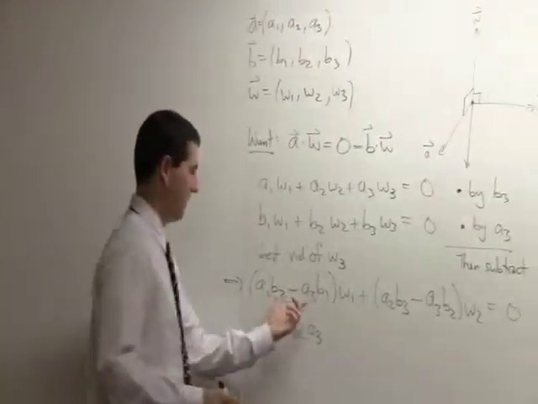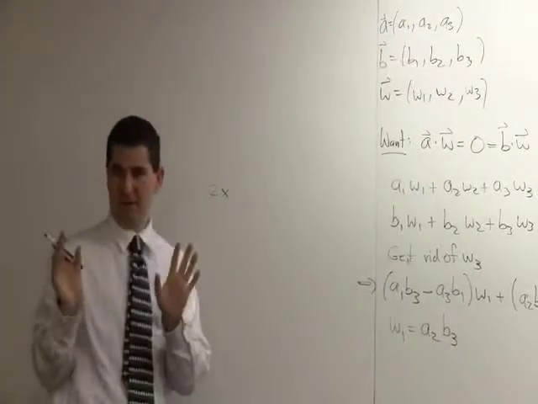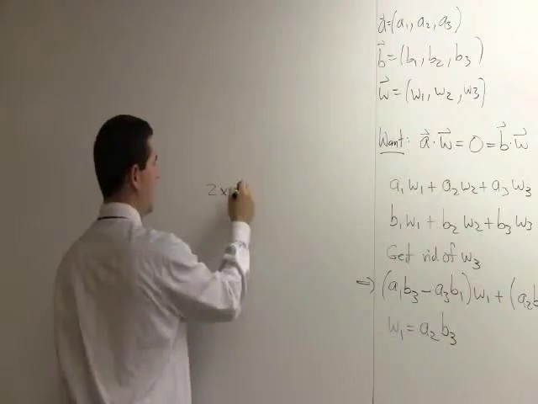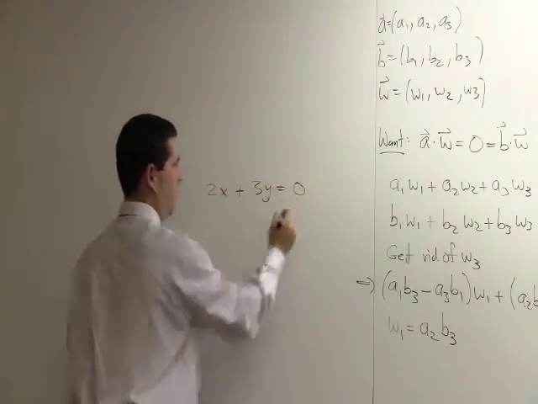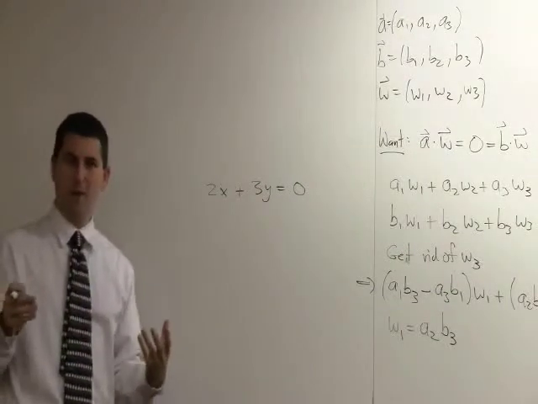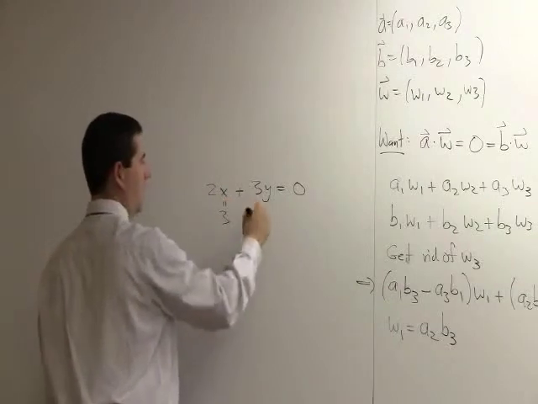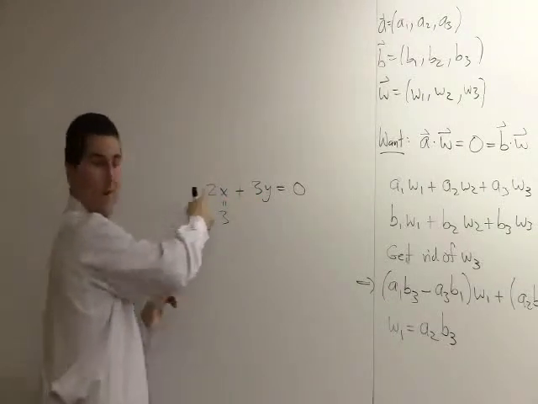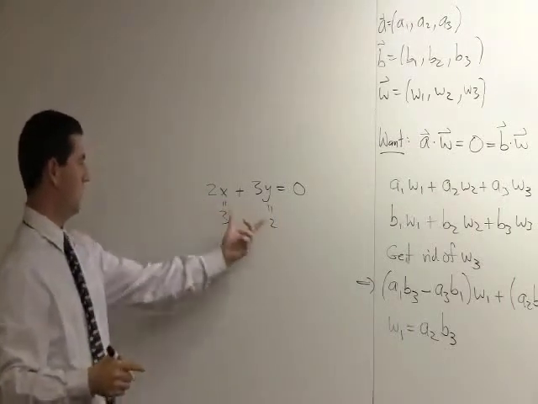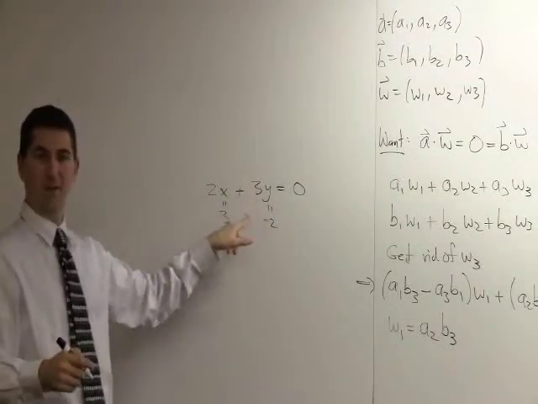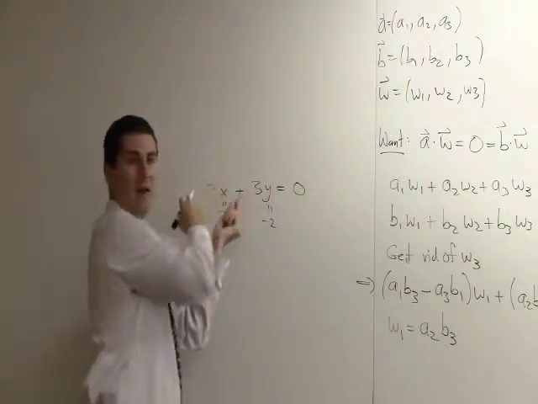So let's simplify this a little bit just to see what I'm doing. If you had 2x plus 3y equals 0, and you wanted to find an x and a y, you let x be 3, and you let y be minus 2. Why minus 2 and not just 2? Well, if you do minus 2, then these will be the opposite of each other, because there's a plus here, so it really needs to be the negative of that.